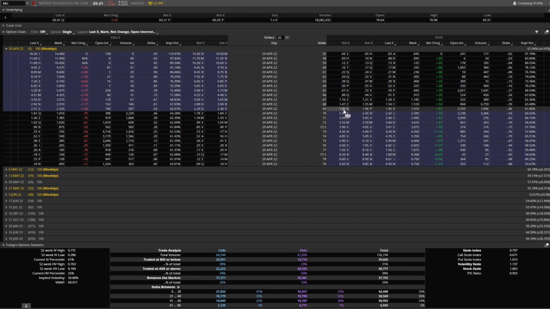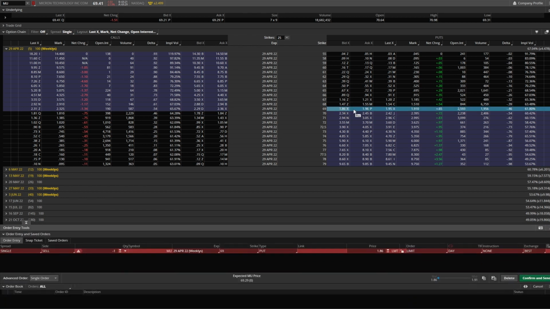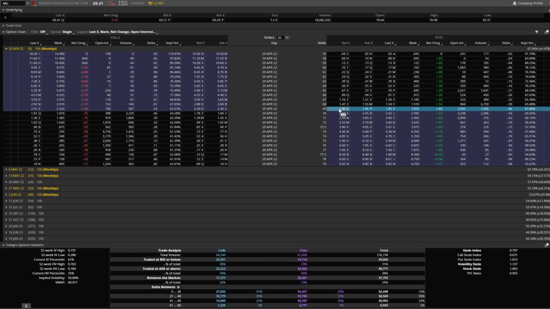I'll put in something for mid-range, 190, let's say, or probably more like the mark, like 191, 192-ish, something in the middle. So that if it executes, it executes. If it doesn't, then I'll just cancel the order.